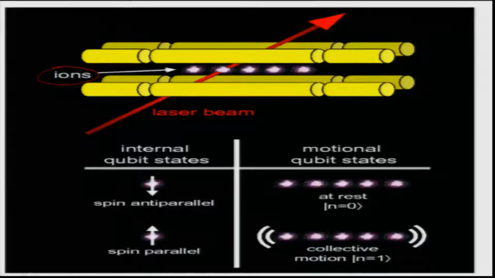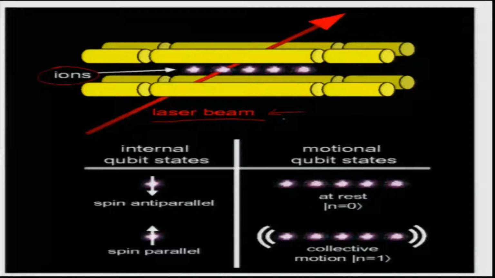When you do that, it is possible to have each of these ions act like qubits, as long as they are close enough so that there is an interaction, or they can be connected one way or the other. And this idea of having some interaction and a result occurring because of that is done in this case by using a laser beam.